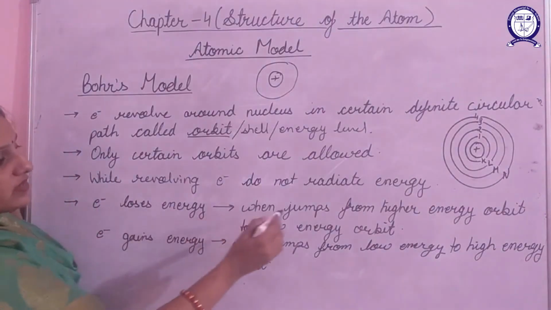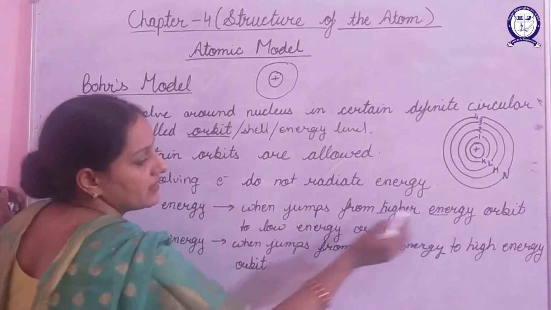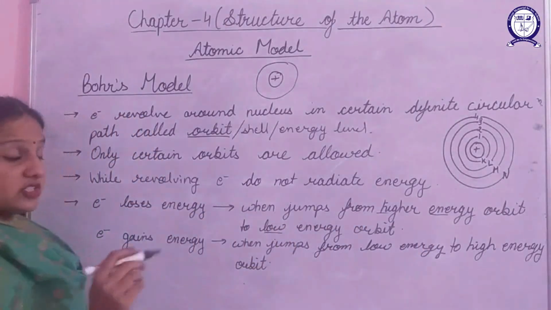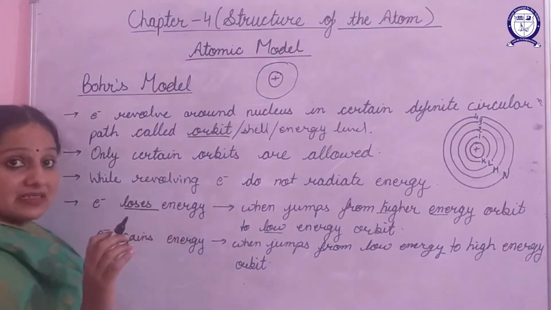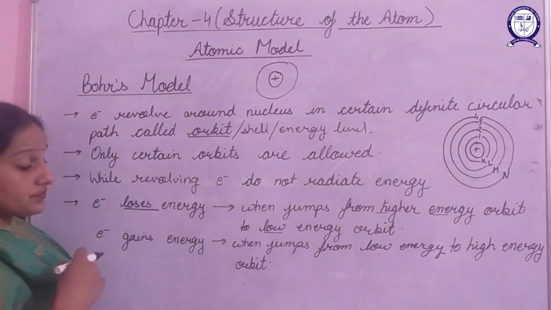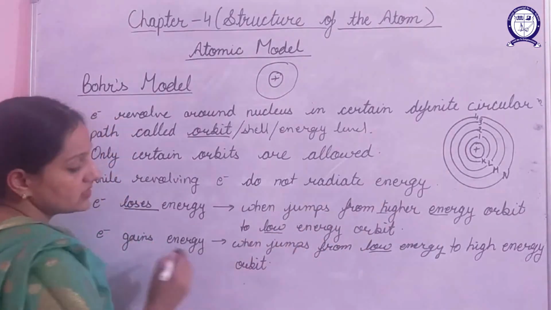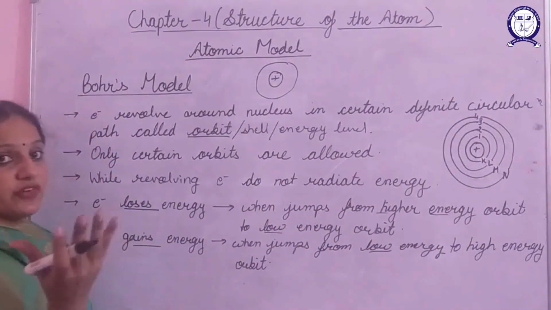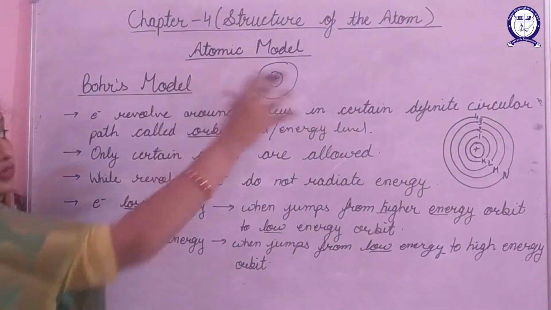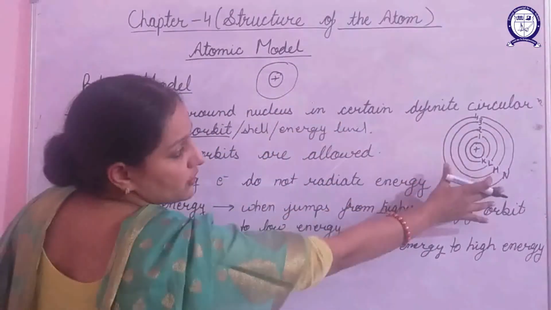That means whenever the electron jumps from a higher energy orbit to a lower energy one, it will lose energy, and when it jumps from a low energy level to a high energy level, it will gain energy from the surroundings. Now this is how the structure of an atom would look.